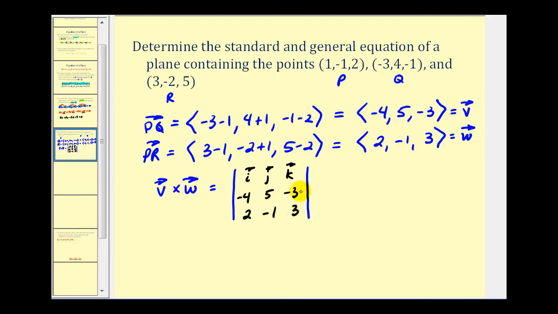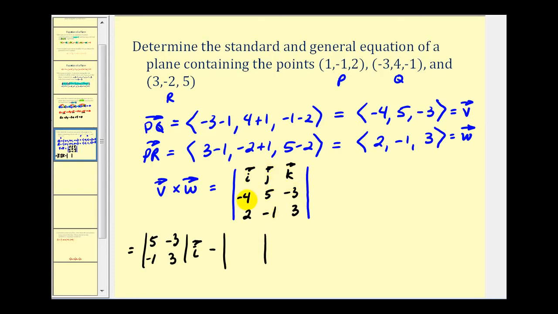Let's go ahead and evaluate this using the cofactor expansion method. So this is going to be equal to the 2 by 2 determinant formed by eliminating row 1 and column 1. So we'll have 5, -3, -1, 3 times vector i, minus the 2 by 2 determinant formed by eliminating row 1 and column 2.